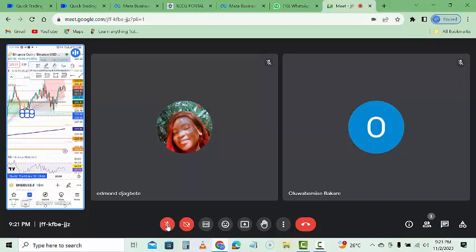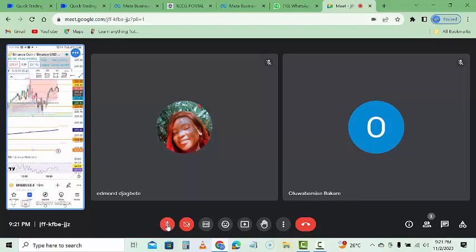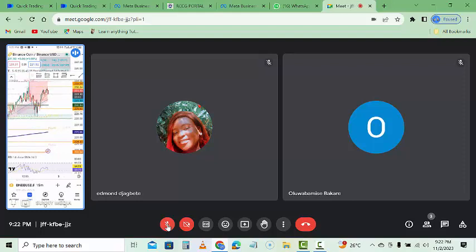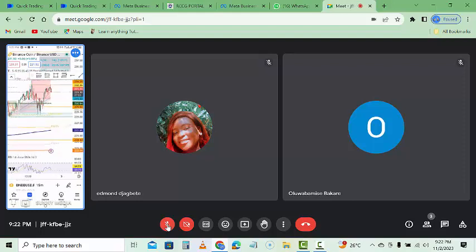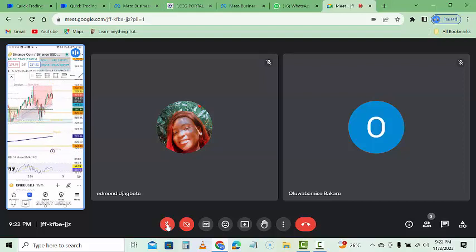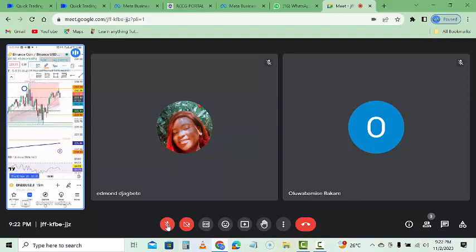Okay, as you can see here, there were 2 pin bars here before this move, and from this 228 zone to 230 zone is another good profit now as a scalper. As a scalper, your aim is to take as much as possible.